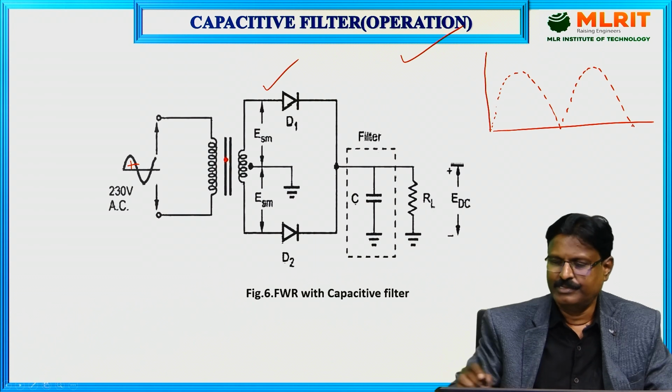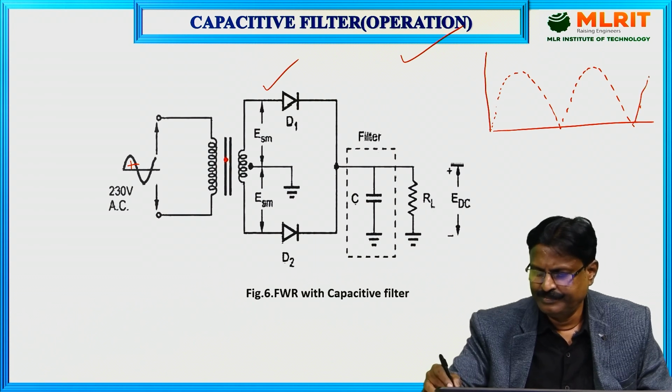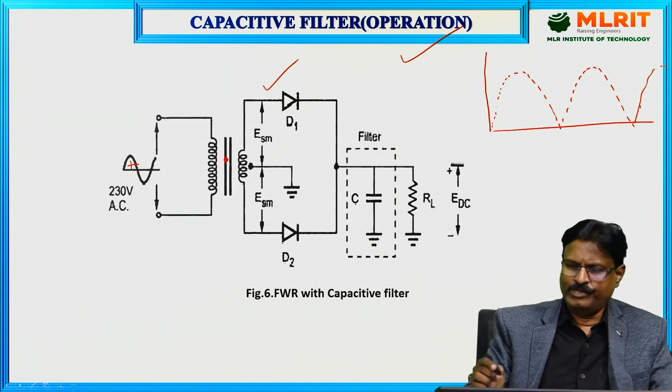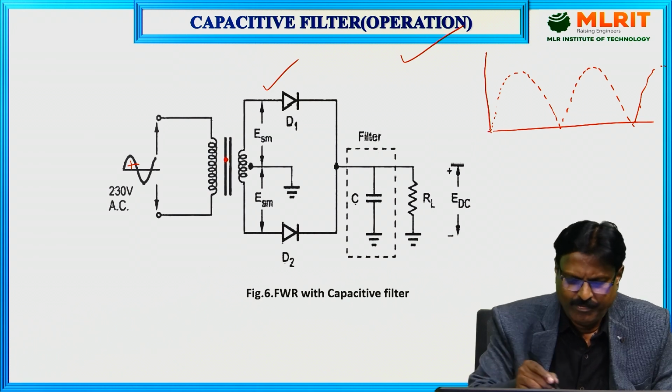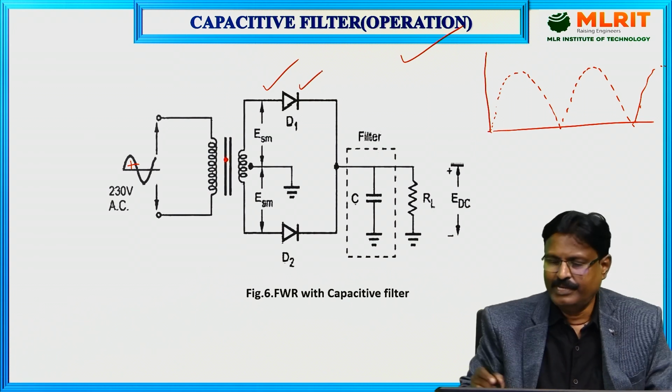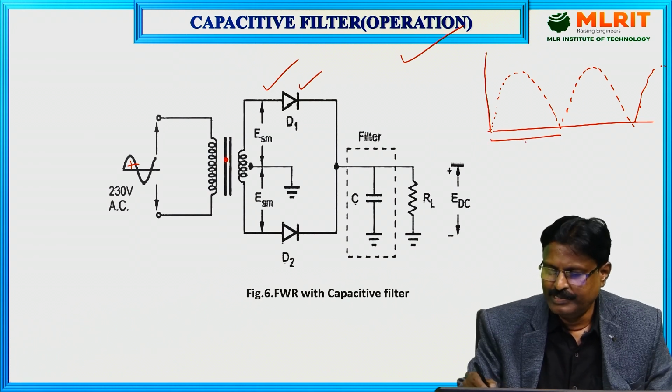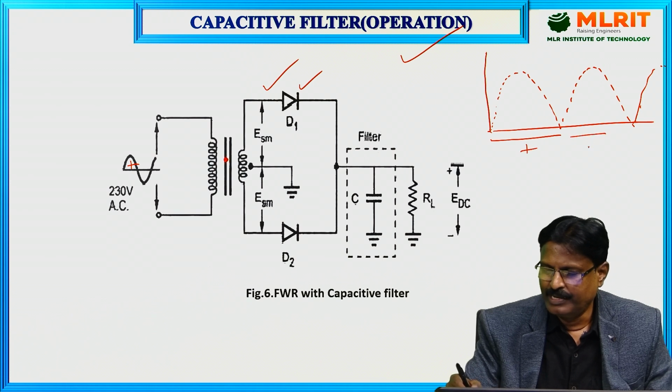So like this. Okay. So whenever the diode D1 is forward biased, as you can see, this is a positive half cycle and this is a negative half cycle, 0 to pi and pi to 2 pi.